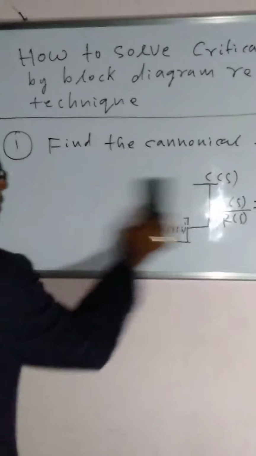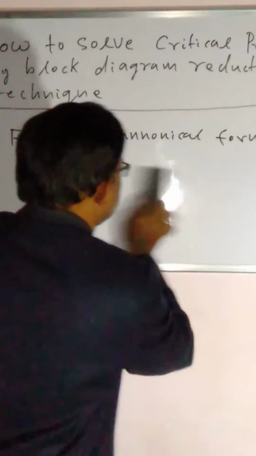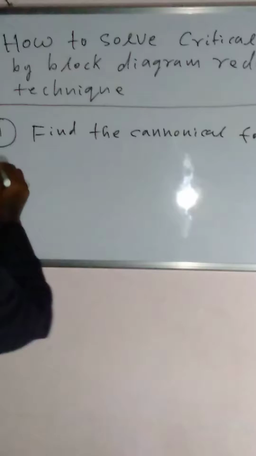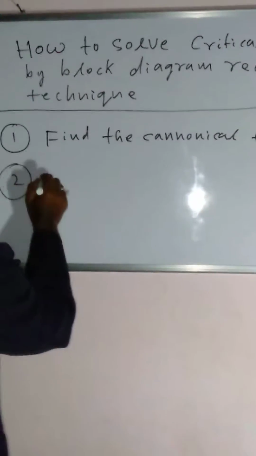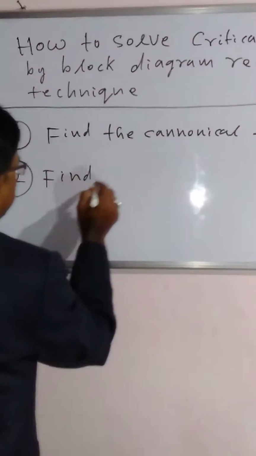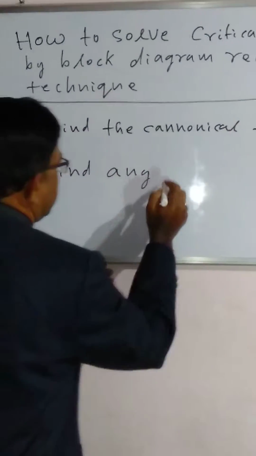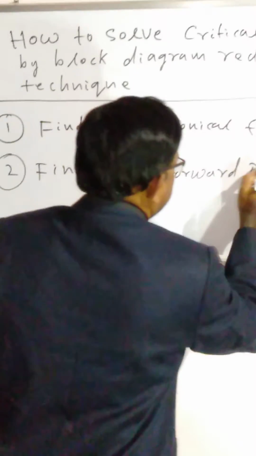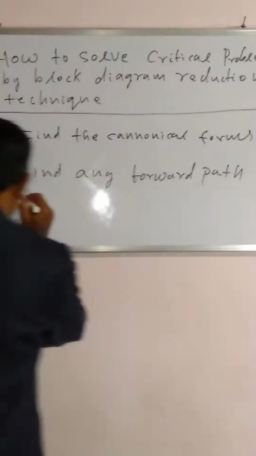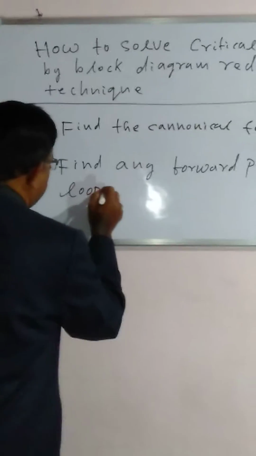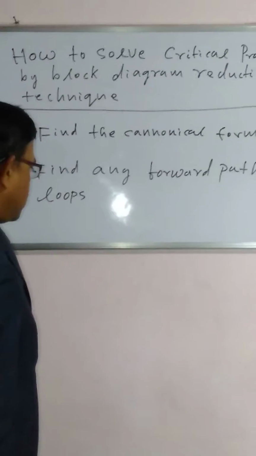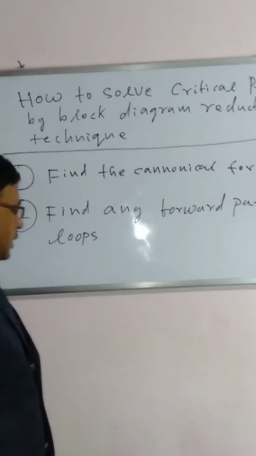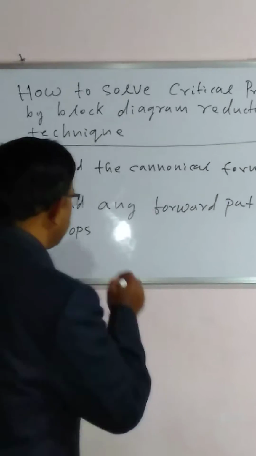Then step number 2, find any forward path loops. If there are forward path loops present in the block diagram, then you solve.